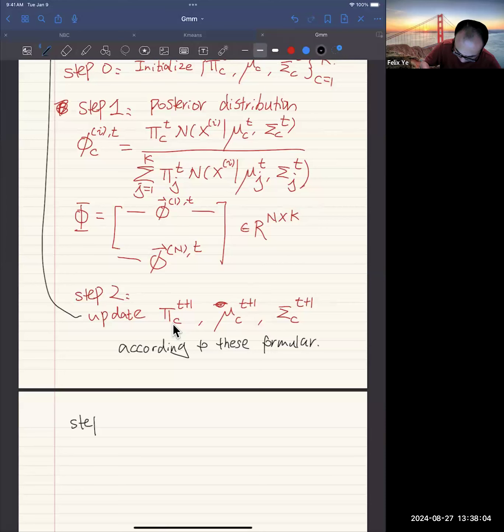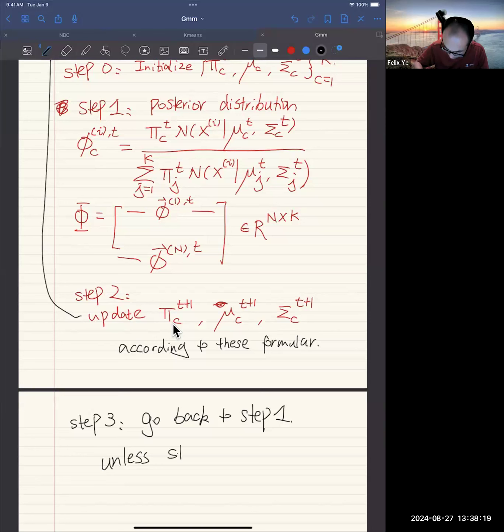Step 3, go back to step 1, unless the stopping criteria is reached.